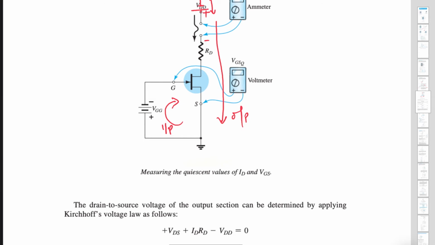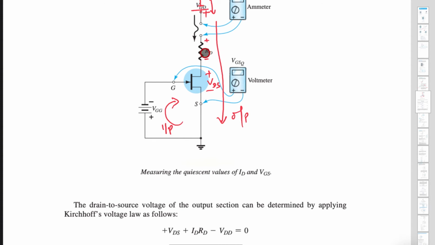Here there is a drop. Sorry, pardon. Here you are exiting positive, entering negative. It means it is a negative direction, that is a negative symbol. Here you are entering positive, and here also you are entering positive. So this is VDS.